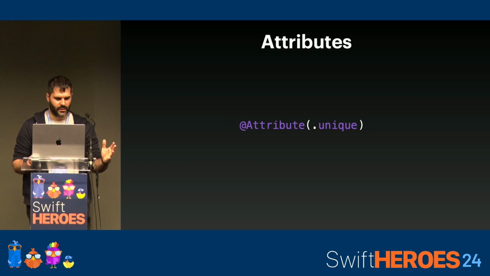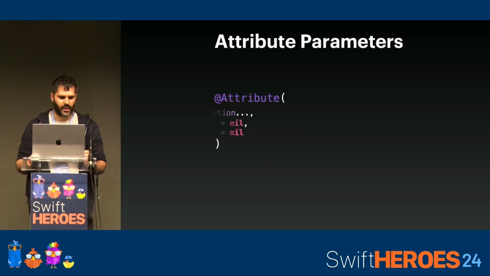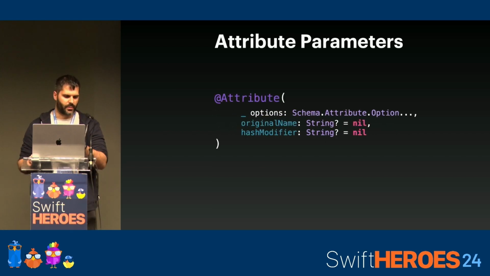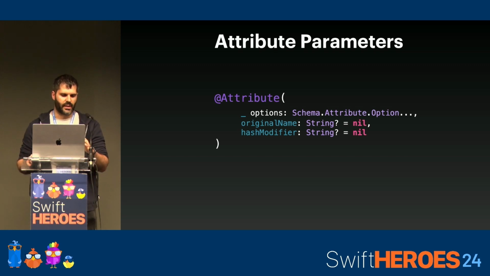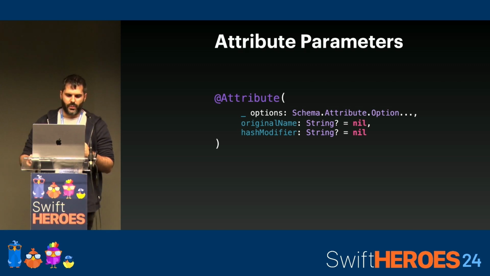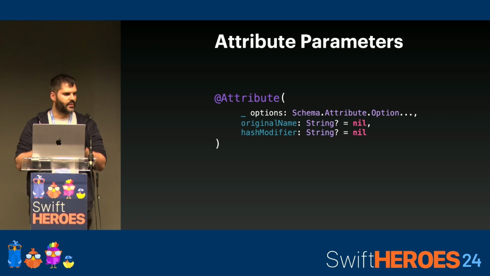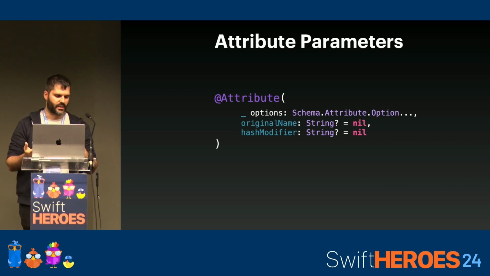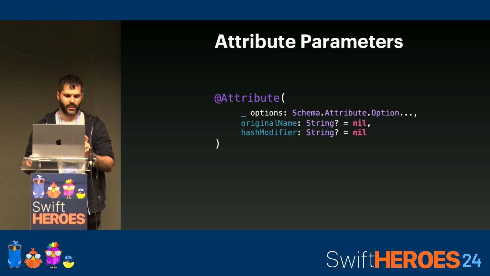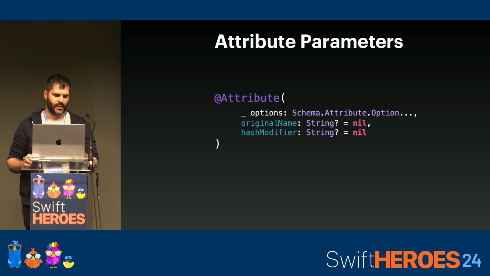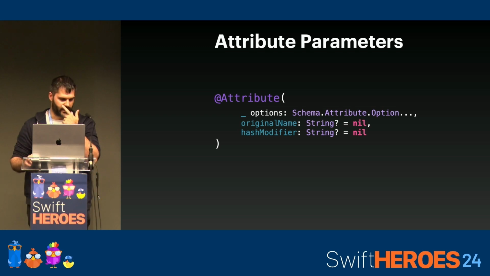Attribute has several parameters, for example, the options that we will see very soon, and the original name, which we can use if we have a new version of the schema. So if we have an older version, and we change, for example, the name of the property, and we release a new version of the schema, we can use this parameter to match the latest version with the newest.